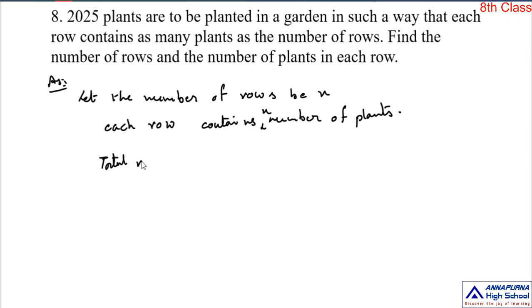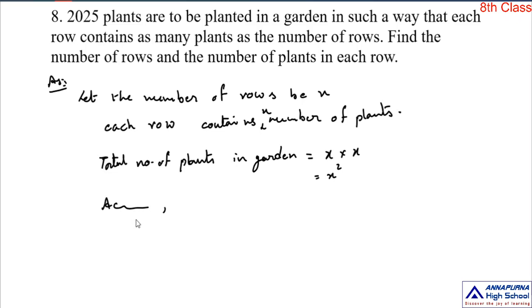Total number of plants in the garden. x plants are arranged in x rows. So if you take x plants arranged in x rows, how many plants are there? By multiplying these two, x into x, it is equal to x square.